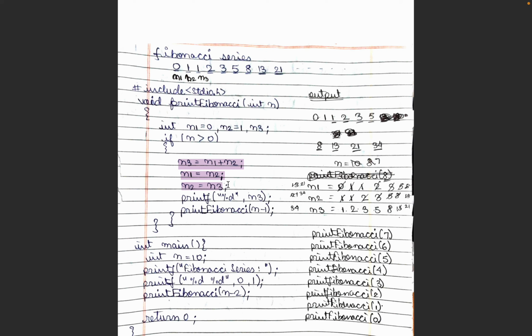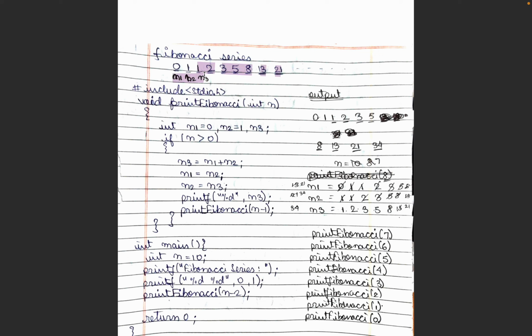So this sequence matters a lot. If you make a mistake, everything will go wrong if you change this sequence. n1 should first take the value of n2, then n2 should take the value of n3, and this print statement is n3. n3 is retaining its value. n3 was 1 previously also, and after this swapping of the values, n3 is still 1.